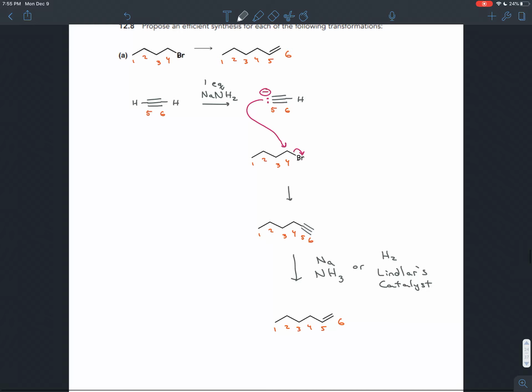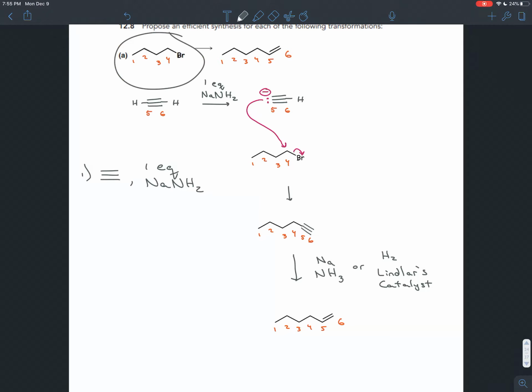So here we noticed that the number of carbons increased as we went from the reactants to the products. So we knew we had to use a terminal alkyne, sodium amide, and an alkyl halide. We saw that they gave us the alkyl halide. So we started with the terminal alkyne, and we treated that with one equivalent of that strong base sodium amide.